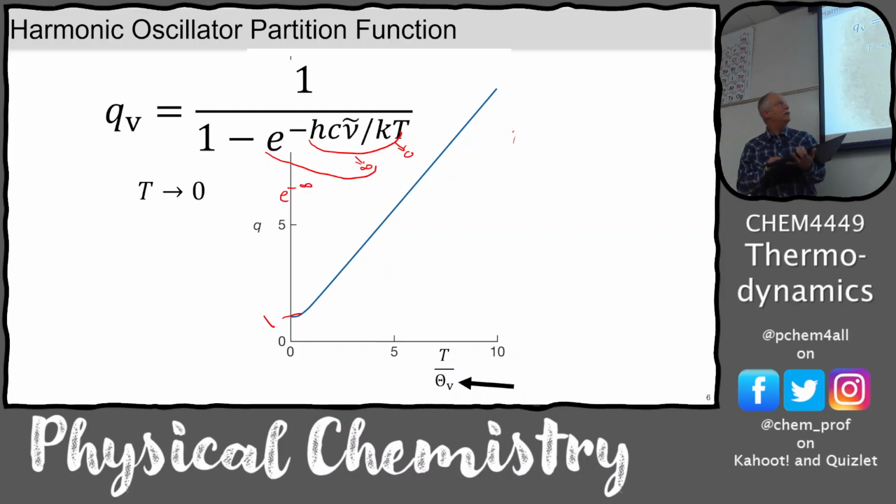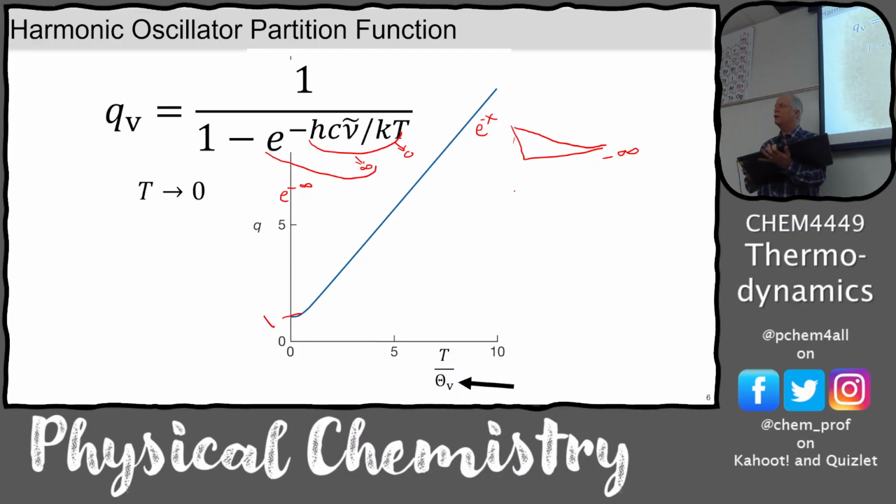Do you know your exponential function? Just think about this. This is e to the x. Minus infinity, so e to the minus x. It looks like this, doesn't it? It's an exponential decay. So what happens when it goes to minus infinity?